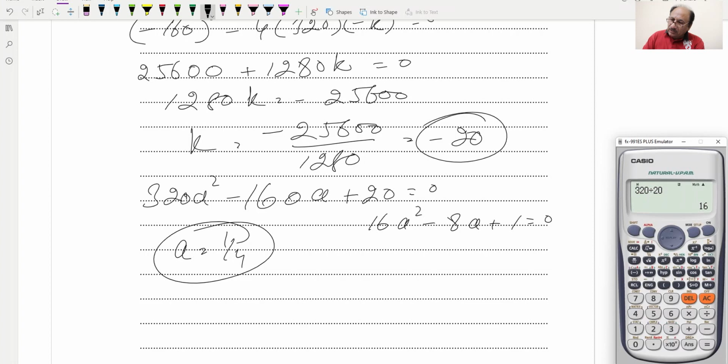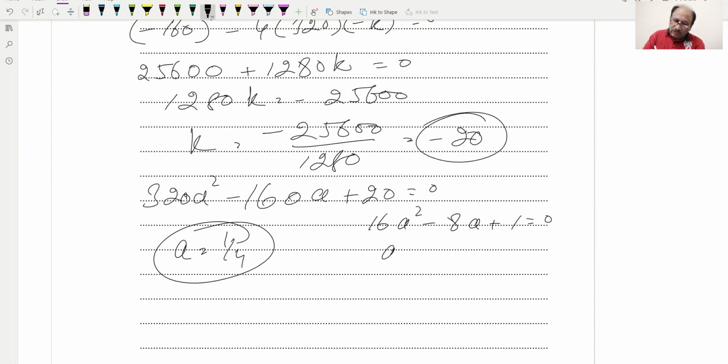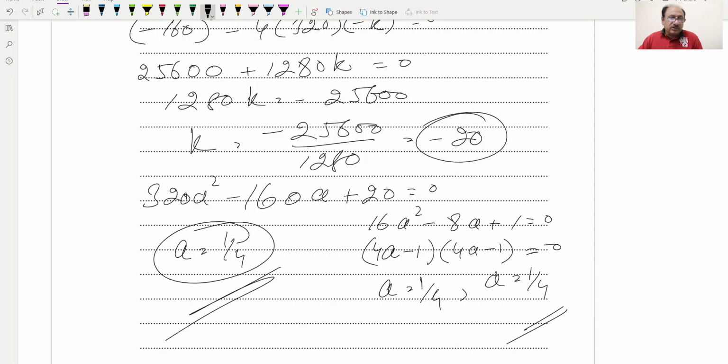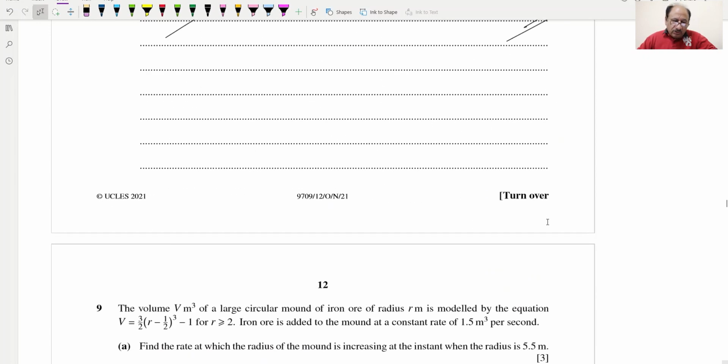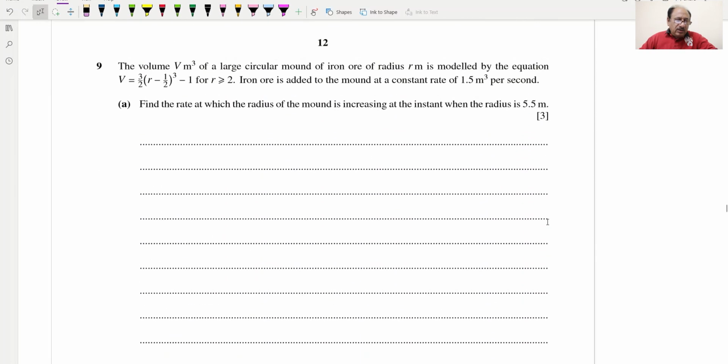And now we know this is 1 by 4, so the factors are 4a minus 1 and 4a minus 1, and we can write a is equal to 1 by 4. This one will be the working which, if you want to show, and this is our answer. Hopefully you understood this. Now question number 9.